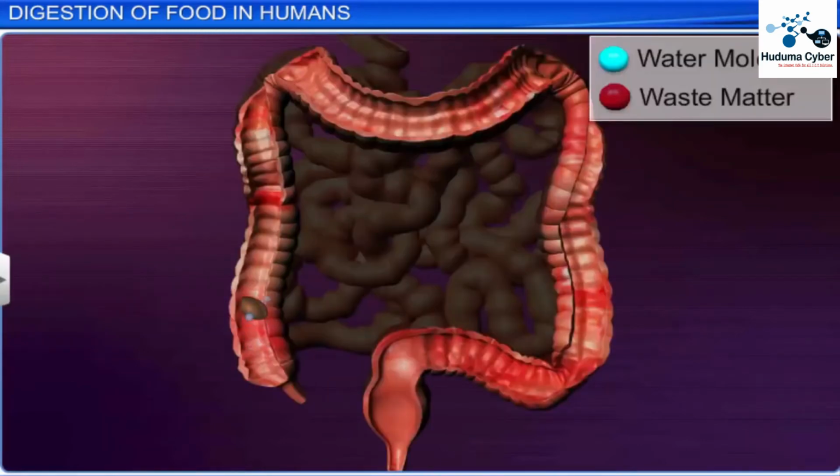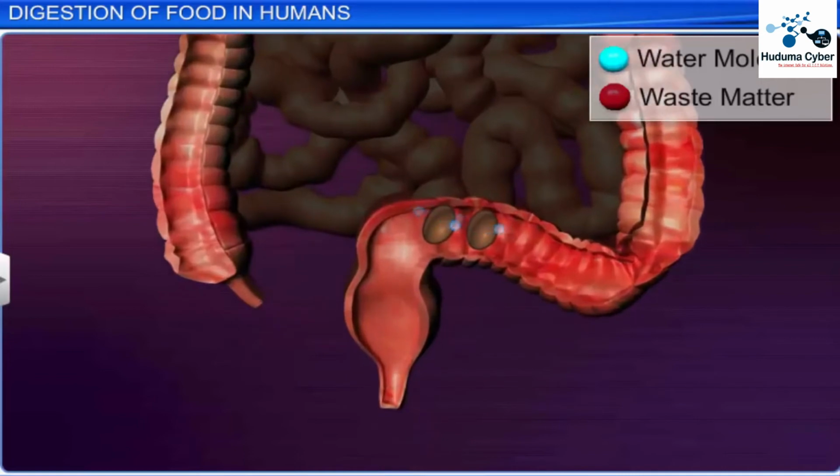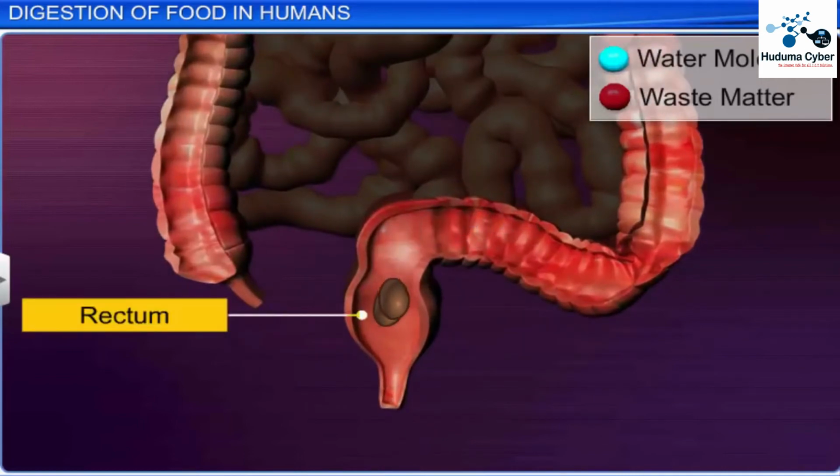The feces then travel through the colon, which absorbs water, minerals and certain drugs in the feces. The colon also secretes mucus, which adheres the undigested waste particles together and also lubricates them for easy passage. The fecal matter enters the rectum, where it is temporarily stored till defecation.